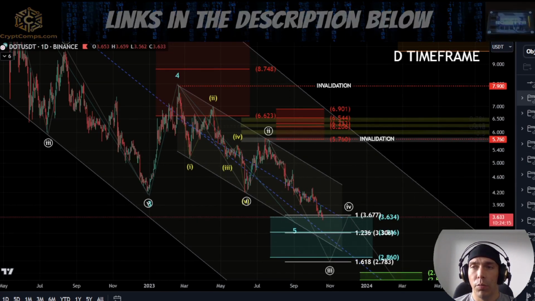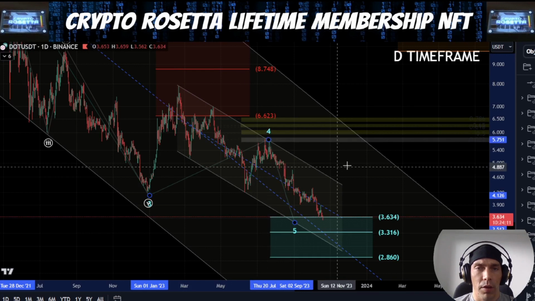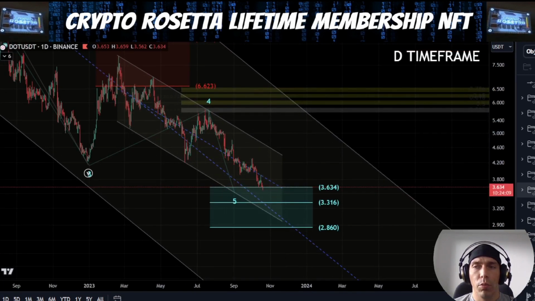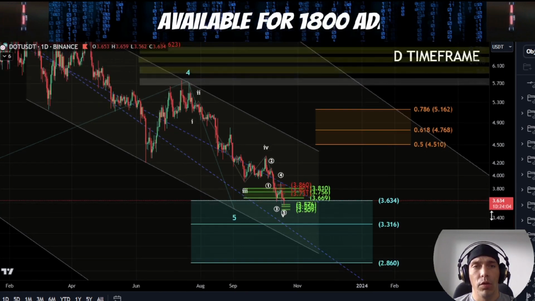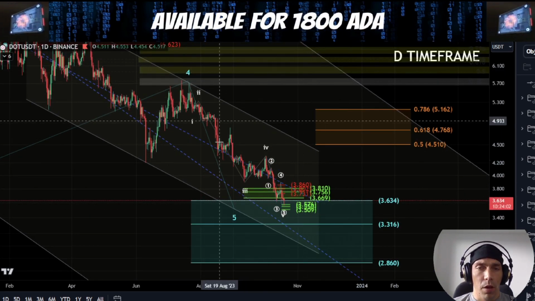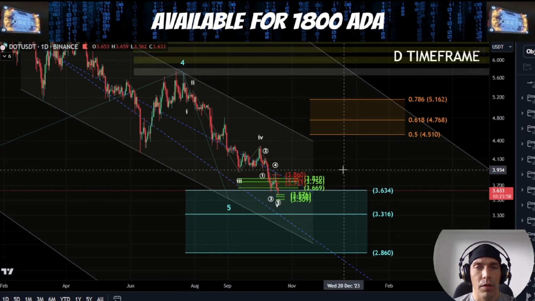Now, it is also possible within this idea here that we could argue that this fourth wave actually completes into this point here, in which case what we'd be looking for is a smaller 5-wave structure to the downside to complete. Once again, within this idea, we have actually come down here, and we do have a potential count here that could be completed as a 5-wave move.